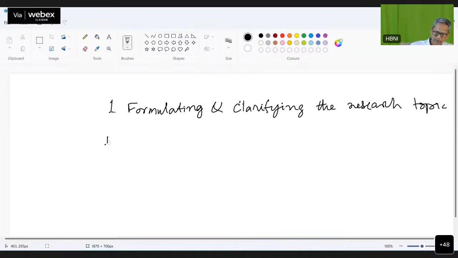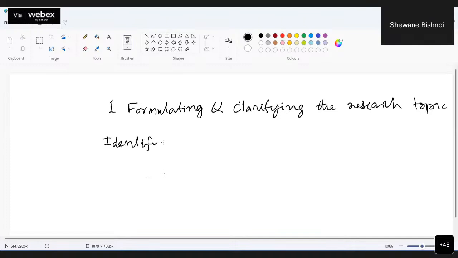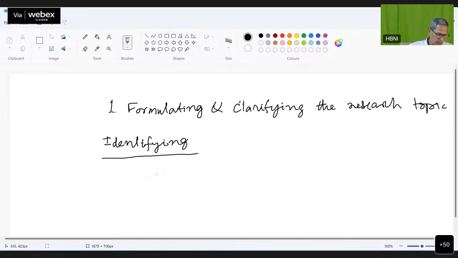First is, in this, we will try to understand what are the attributes of a good research topic.